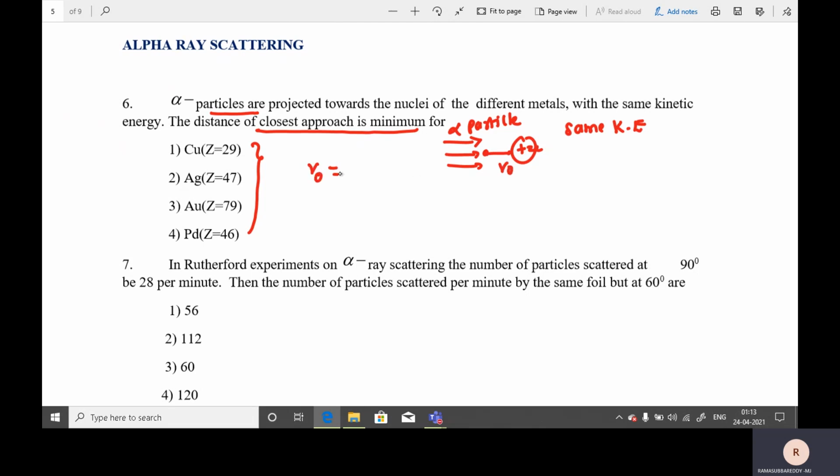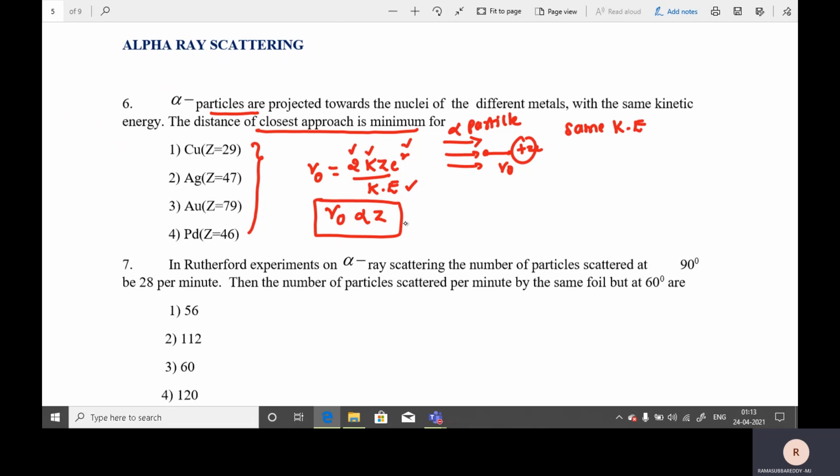Then what is the formula for distance of closest approach? That r0 is equal to 2k Ze square by kinetic energy. So kinetic energy is same. So this is constant, this also constant, this also constant, e also constant. Then the distance of closest approach depends on Z, atomic number.